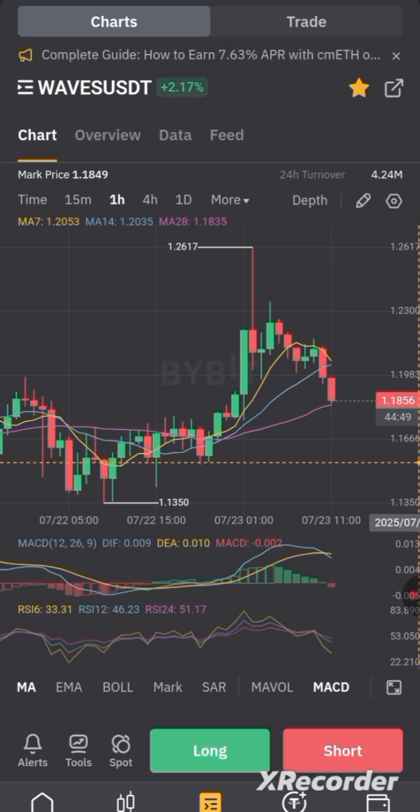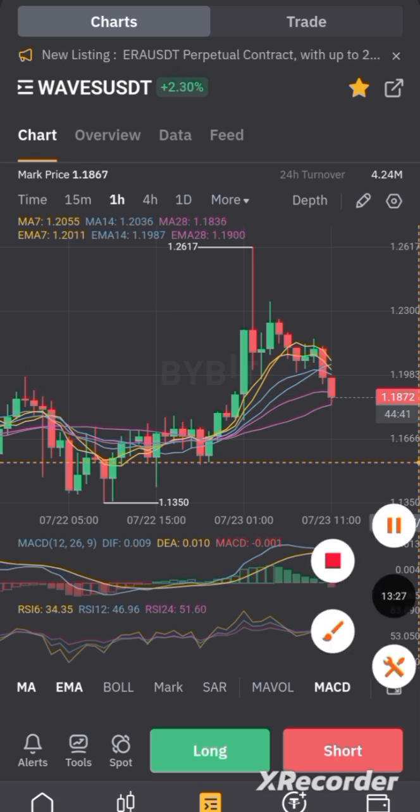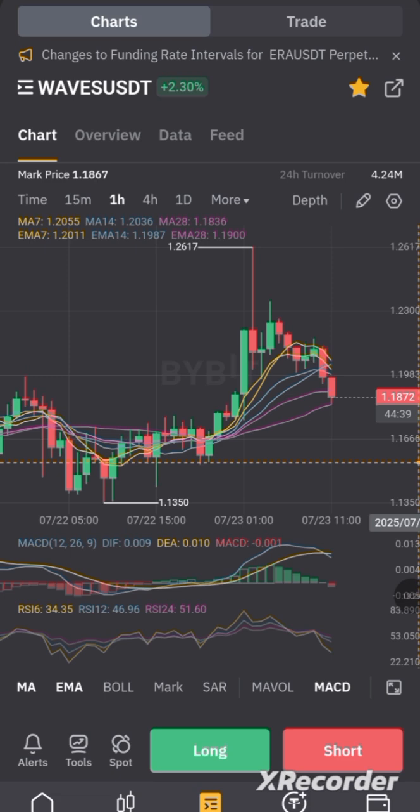The third one is EMA. And don't forget what I said earlier, that there are some indicators that show on the chart box, while some show at the bottom.